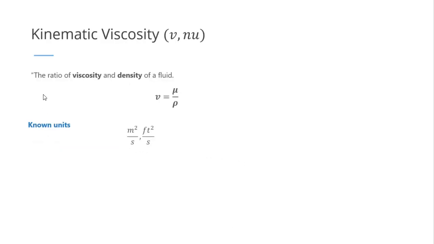We also have kinematic viscosity, which is the ratio of viscosity and density of a fluid. Known units are square meter per second and square foot per second.